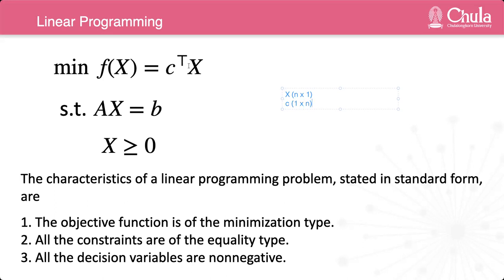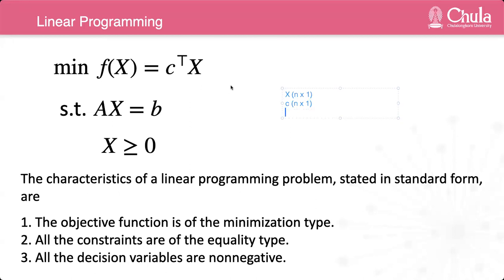C transpose must be 1 by N, so C must be N by 1 also, the same. You got my point? Because if C is 1 by N, we have a problem: we cannot multiply C transpose with X.